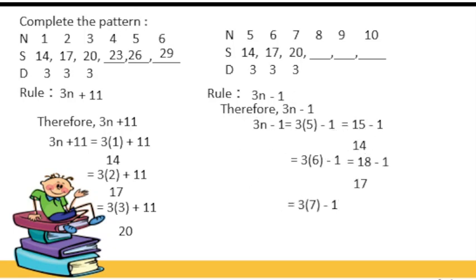And then 3 times 7 is 21 minus 1 is 20. So same. So you can get the next 3 terms. 3 times 8 is 24 minus 1 is 23. So we have 23, 26, and 29.